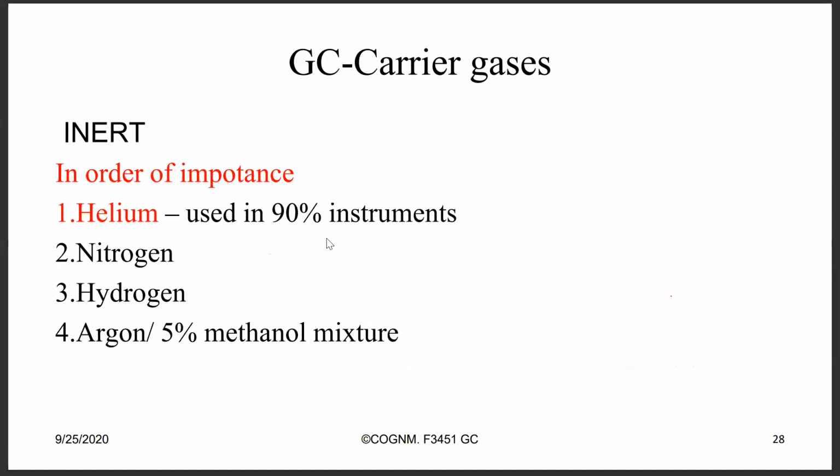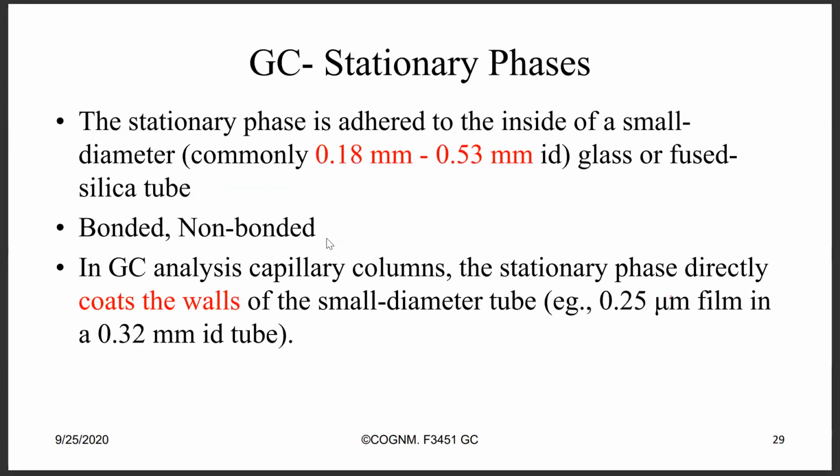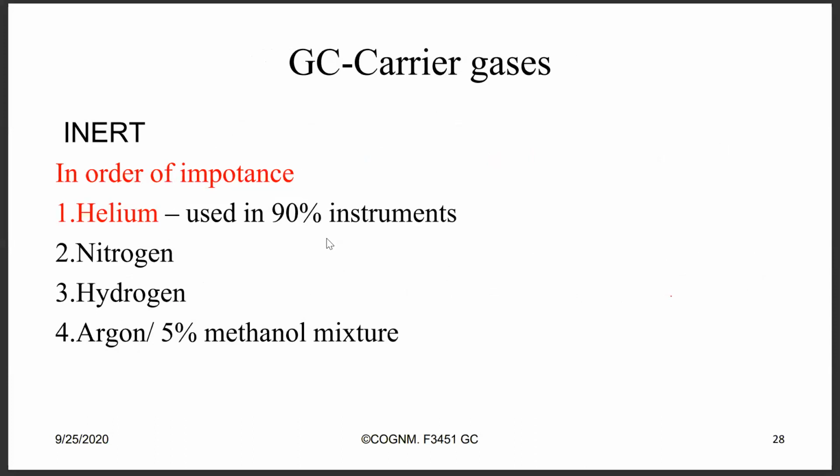Remember, we love helium because it is an inert gas, and we want our gas molecules to be as inert as we can. And why do we want it to be inert? So that it doesn't, first of all, come into contact with our stationary phase, and also, no issue at the detector.